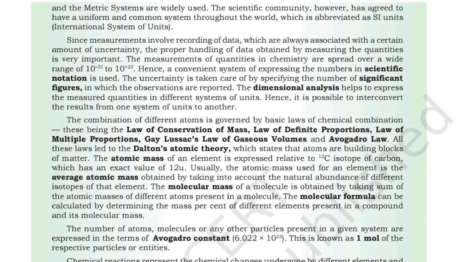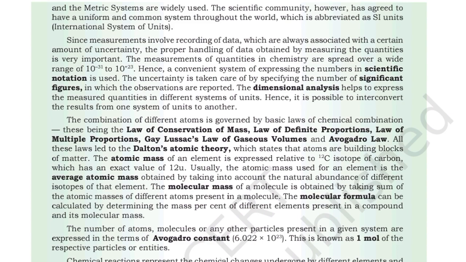Since measurements involve recording of data which are always associated with a certain amount of uncertainty, the proper handling of data obtained by measuring the quantities is very important. The measurement of quantities in chemistry are spread over a wide range of 10 to the power minus 31 to 10 to the power plus 23.